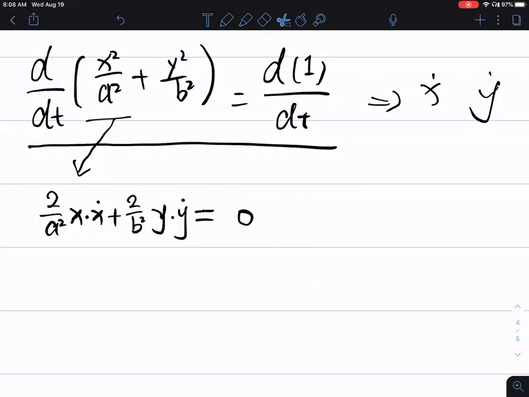Then I want you to look at what we know here. Inside of this new equation we get, we know both a and b are given in this problem. And do we know x and y? We cannot know x, we know y.